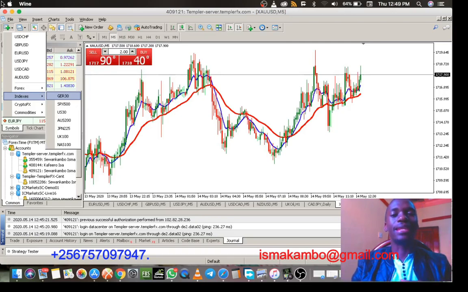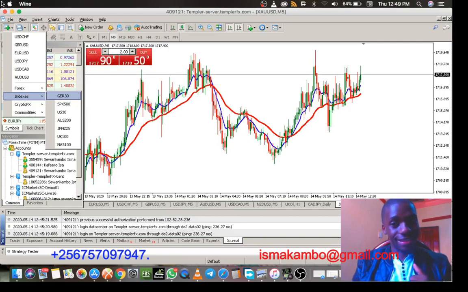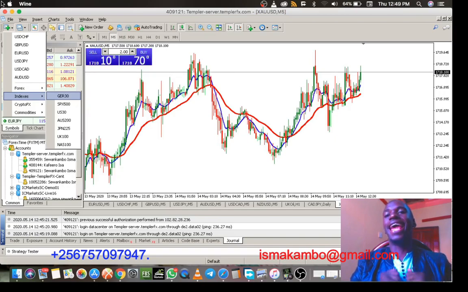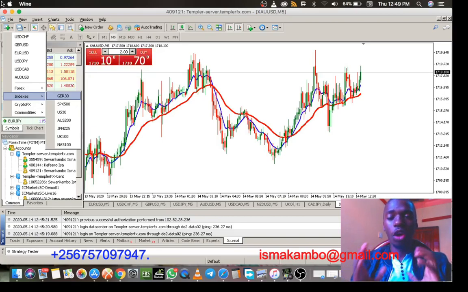Since that time, it has been in existence. And what the dollar index reflects is the current standing of the economy of the United States dollar, of how it's operating.